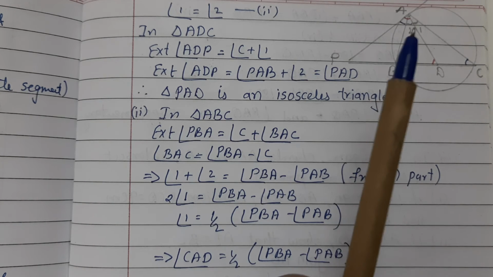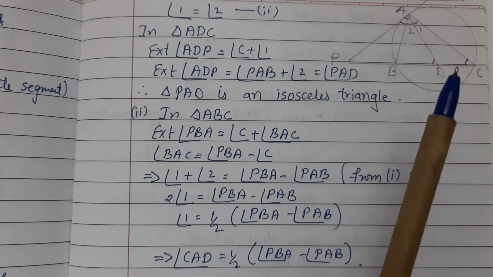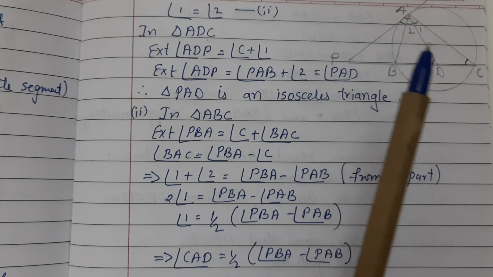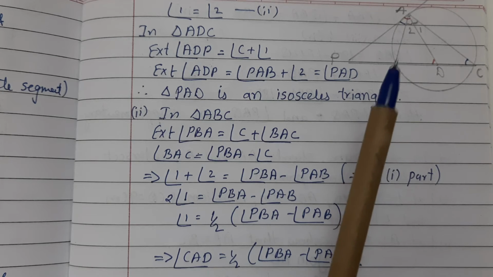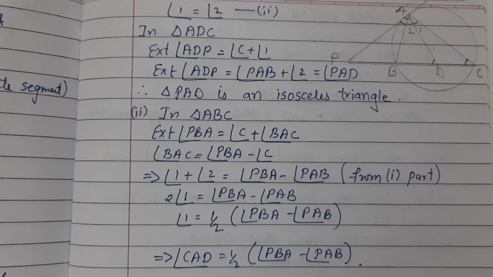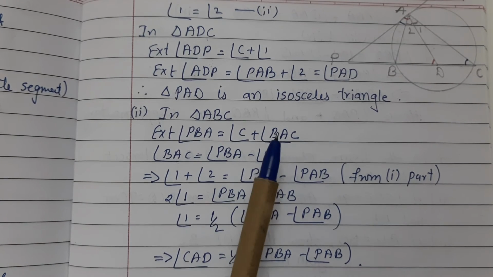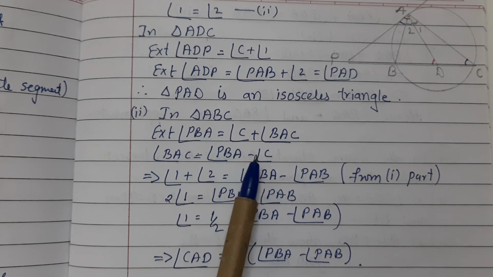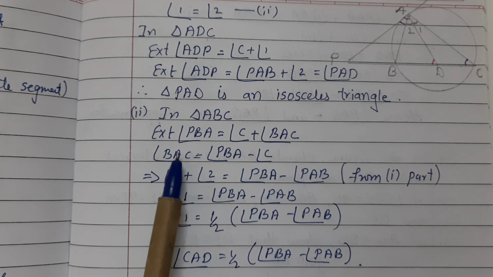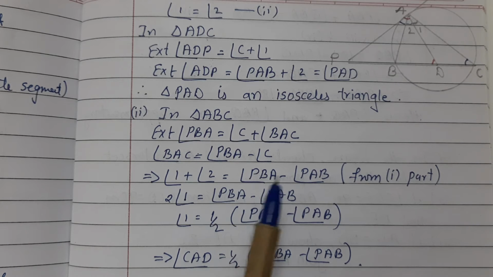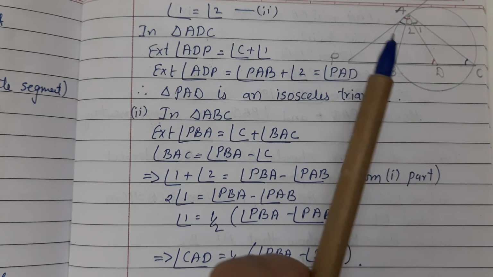In triangle ABC, exterior angle PBA is equal to angle C plus angle BAC. Therefore, BAC is equal to angle PBA minus C. What is angle BAC? Angle BAC is angle 1 plus angle 2, which is equal to angle PBA minus angle C, which is equal to PAB.